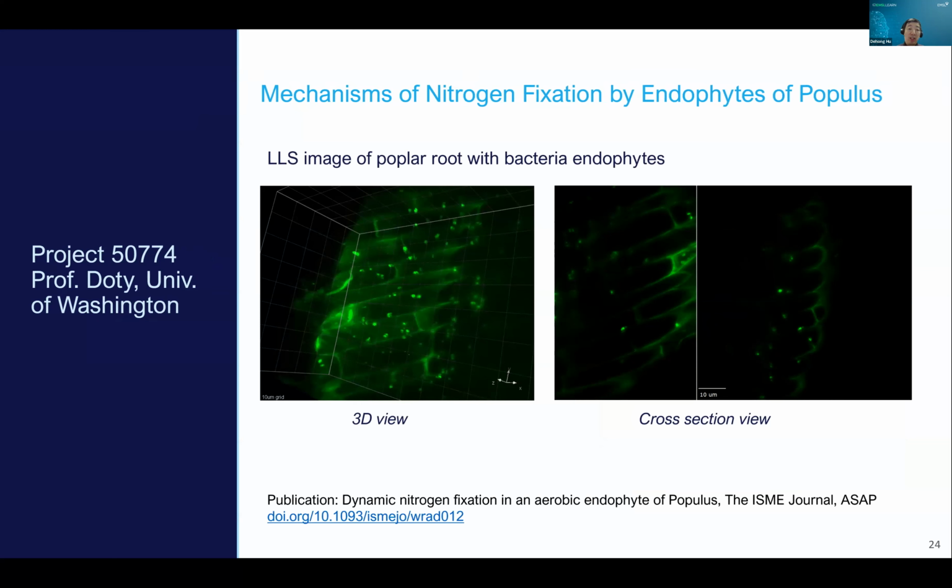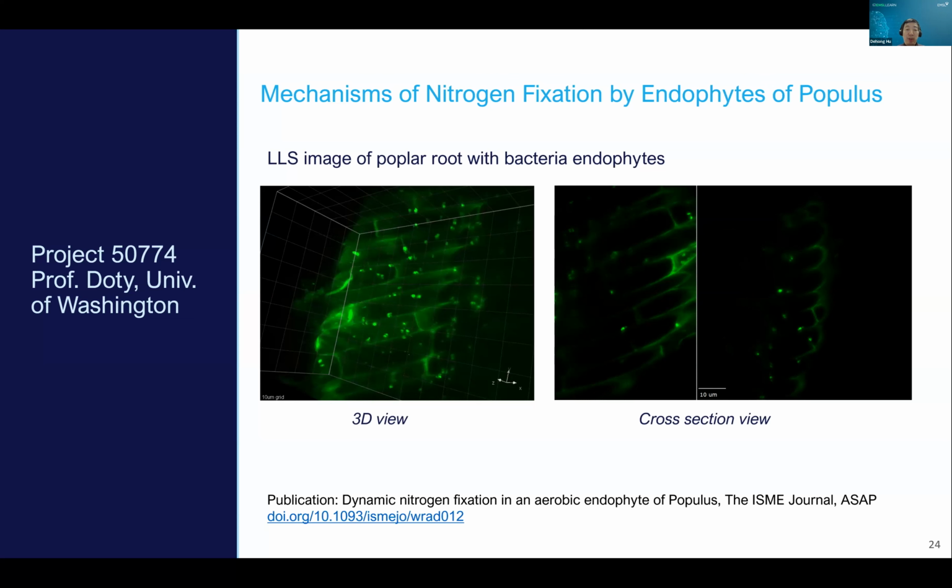This one is an EMSL project from Professor Doty, University of Washington. She's interested in how poplar trees get nitrogen as a nutrient. Bacterial interfaces play an important role for the poplar tree to get a nitrogen source.